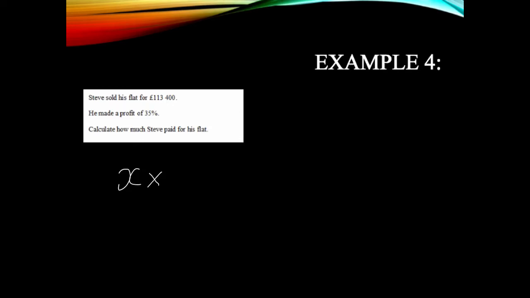It was increased by 1.35 or by 35%. It's this increase of 35%. So we've used our percentage multiplier here, and the answer was 113,400. So let's just see what I've done so far. We don't know how much it was to start with.